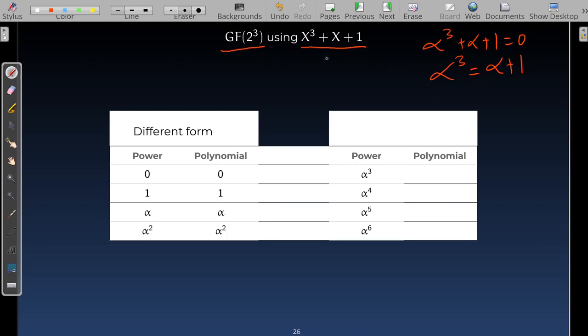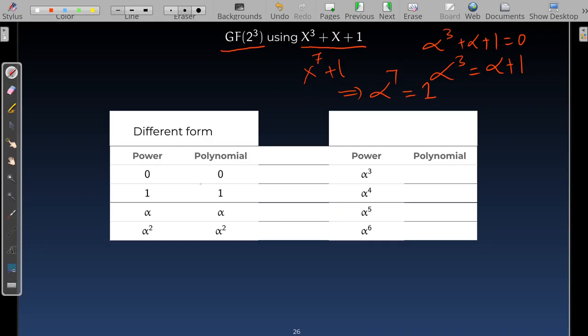And another is that this is always going to be a factor of x to the power 2^3 minus 1, meaning x^7 plus 1. So from here we will have alpha^7 equal to 1, right?